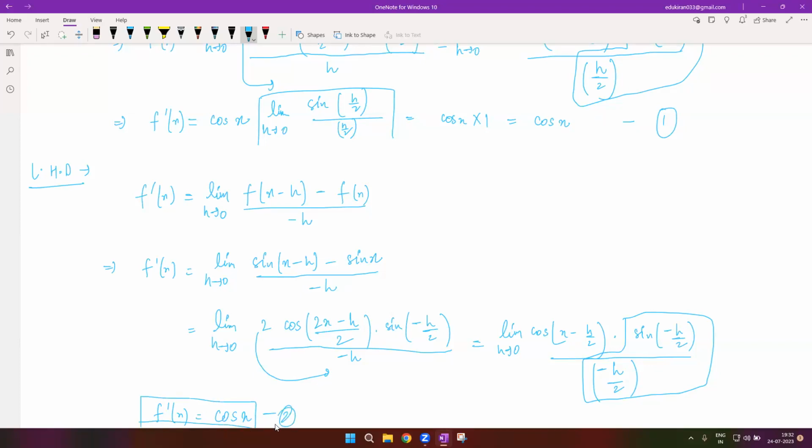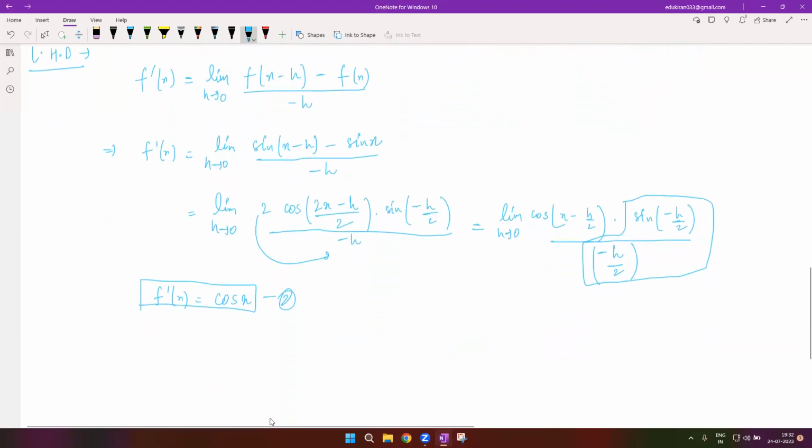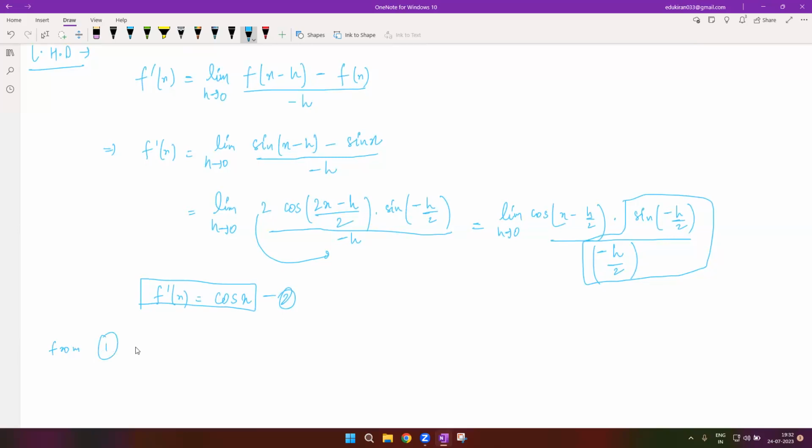And you can simply understand from here that your first equation and second equation both give you the same thing. From the first and second, we conclude that f dash x is cos x, which can further be rewritten as d of sine x, the differentiation of the function with respect to x.